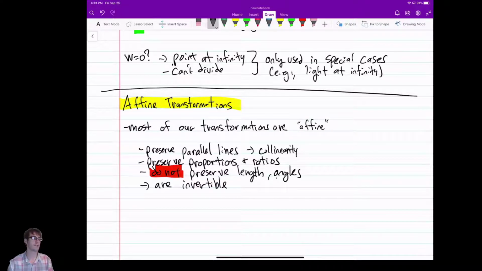You can go backwards, okay? Now, the last thing I want to mention about this is that they are closed under multiplication. Mathematically closed. And all that means is if I multiply affine transformations together, guess what? My result is an affine transformation. So you can still rely on all that stuff.